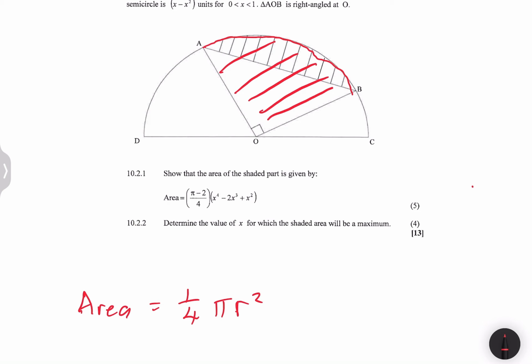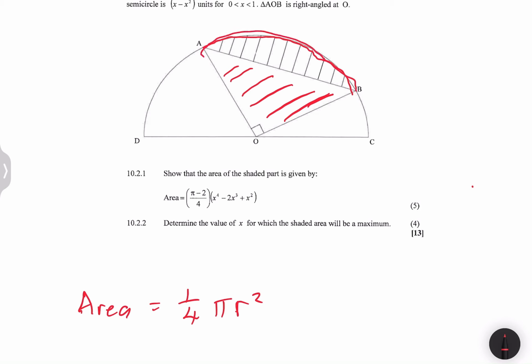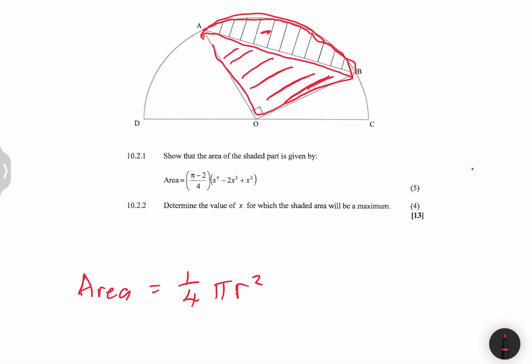But now, in order for us to get the shaded part, what must we do? We must now subtract from that the area of this triangle here. You agree with me? If we take that entire area and subtract this area over here, then we are left with that smaller part that is shaded over there, right? So remember the area of a triangle is half base, so our base is going to be OB. But remember they said the radius is x minus x squared.